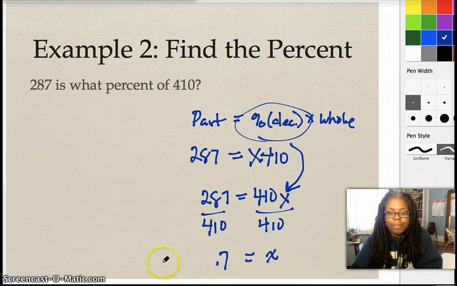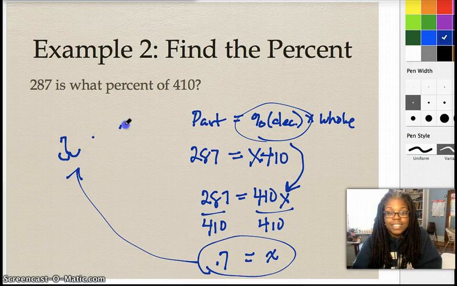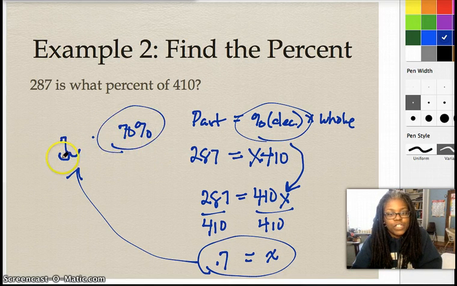Not quite. Remember, this is the decimal version of the percentage. So 0.7 is the decimal version, which tells me that the percentage, moving the decimal place back to the right two spaces, is 70%. When you're asked for the percentage, don't forget to change that decimal back into a percent so you can actually answer the question.